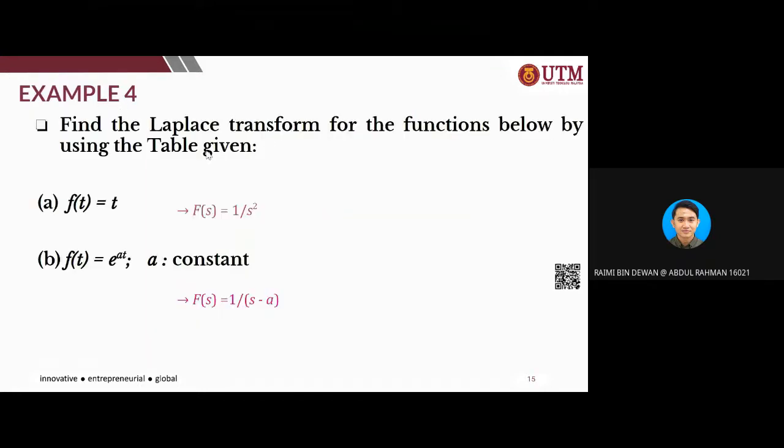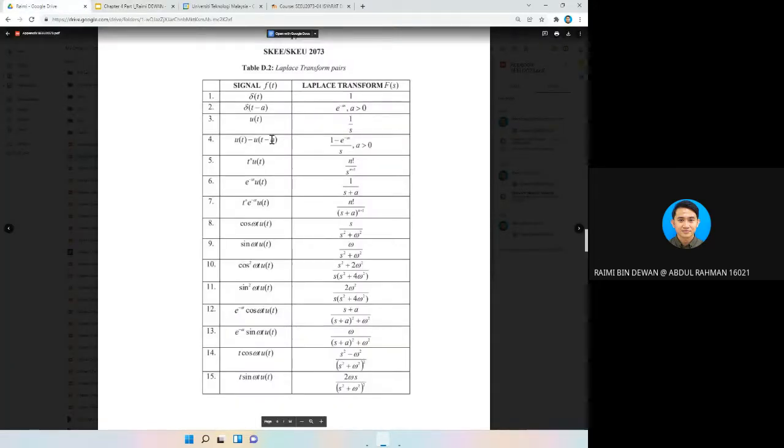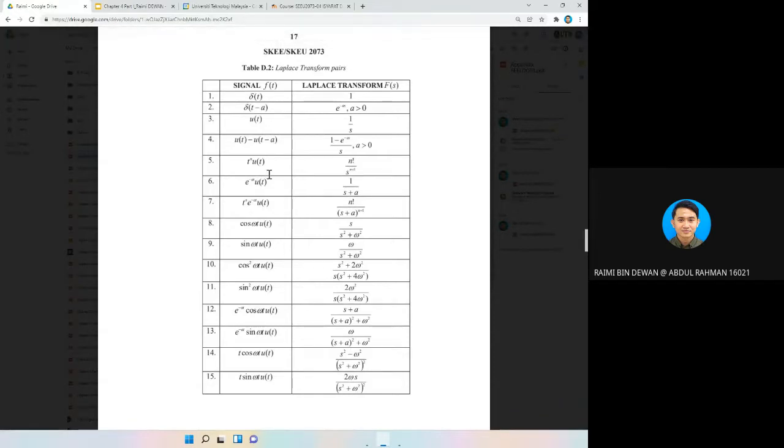Example 4, find the Laplace transform for the function below by using the table given. If you have f(t) equals t, this is actually t u(t), so it's like a ramp signal. It's t times u(t) because we want it to be greater than 0. So refer to here for things that are related.